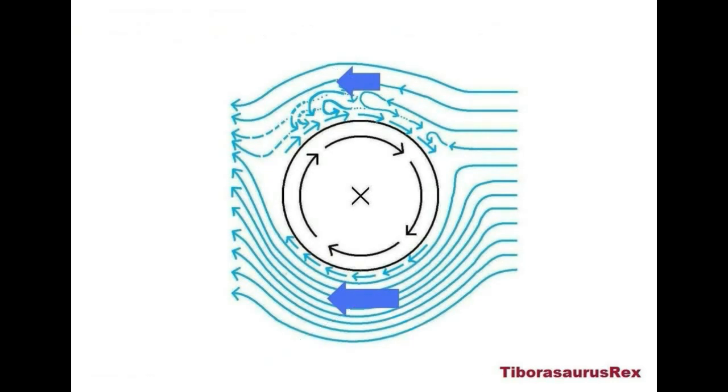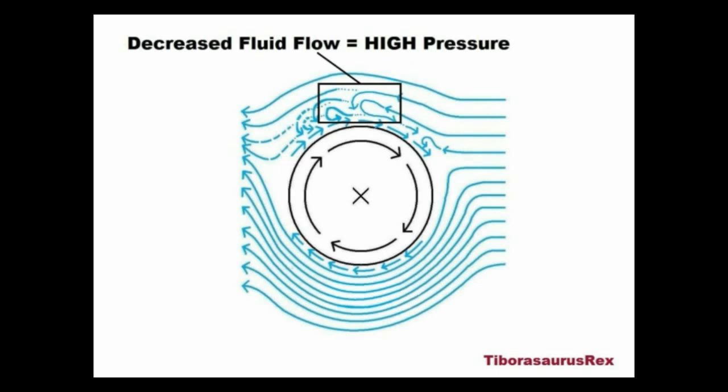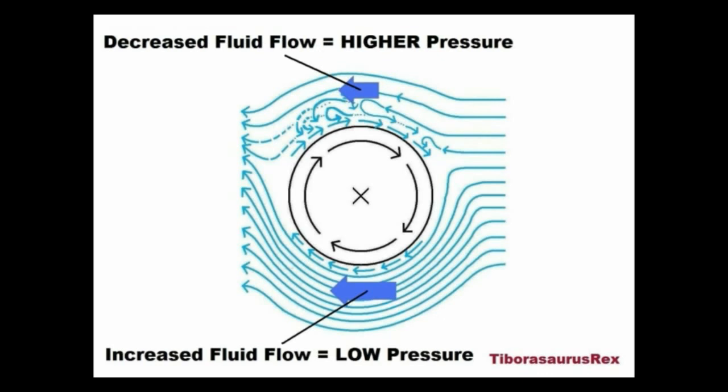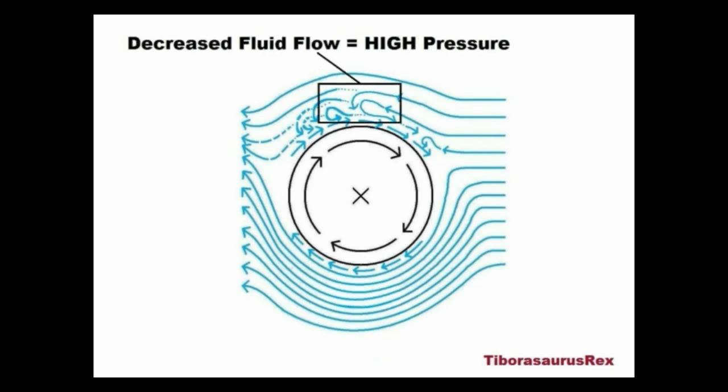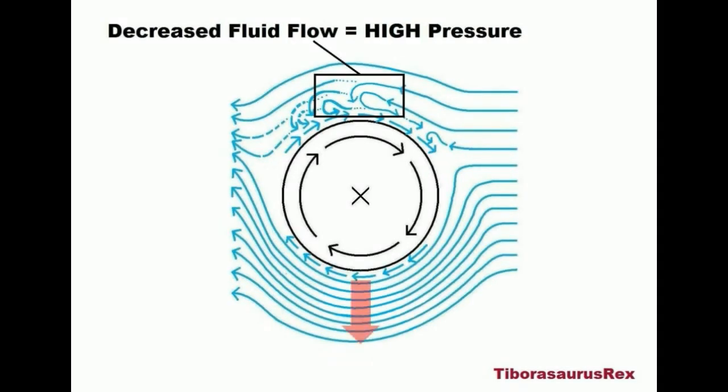So air gets jammed up on that top side where it's fighting against the spin of the bullet, and that creates decreased fluid flow, which corresponds with a high pressure zone. On the bottom side, you have the air going along with it, so they're both going real fast, so your overall fluid flow is higher on the bottom side, and that basically results in lower pressure. So if you have high pressure on one side and low pressure on the other side, guess which way the bullet's going to be deflected? Away from the high pressure, right?